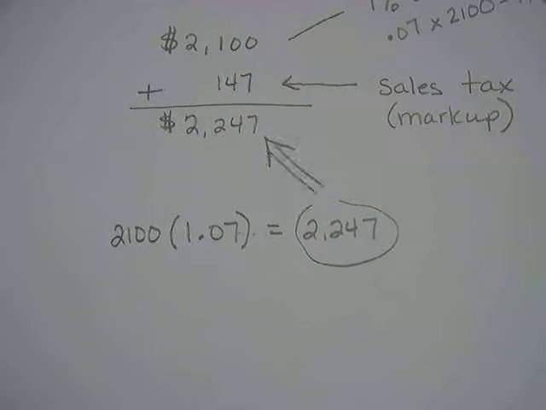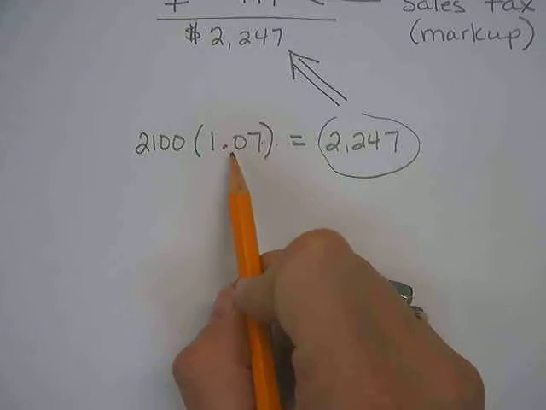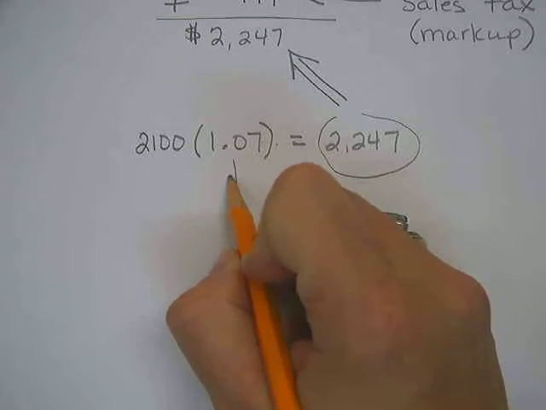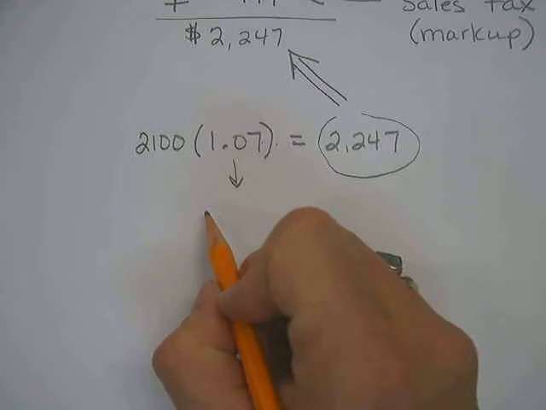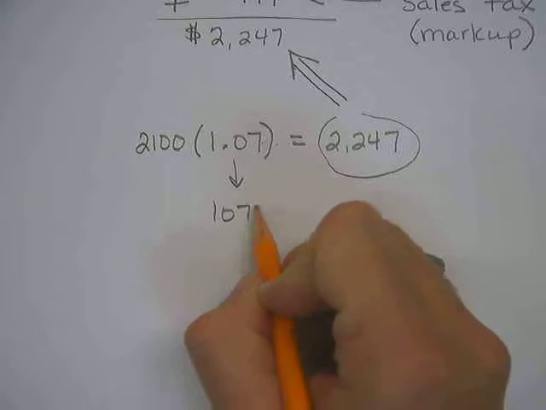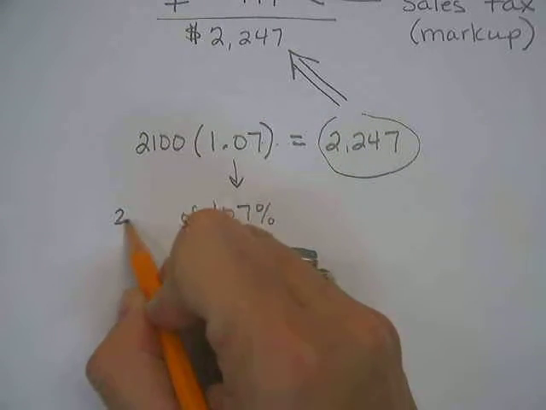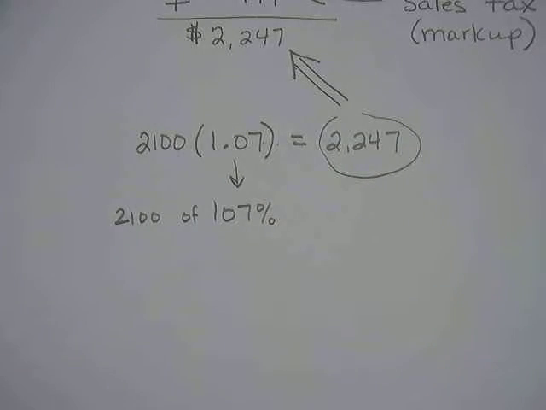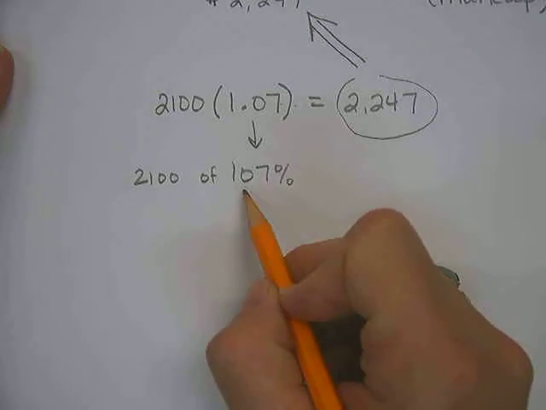Now, why did that happen? Well, I want you to think about, what does 1.07 represent as a percent? So if we move the decimal 2 places, isn't that really 107% of 2,100? And I want you to think about what we did yesterday.